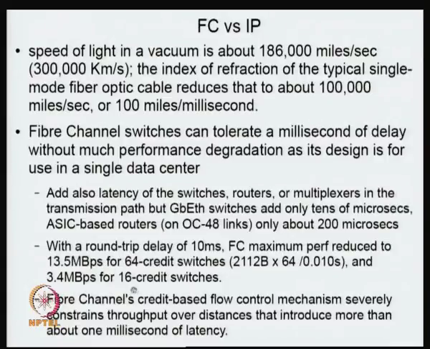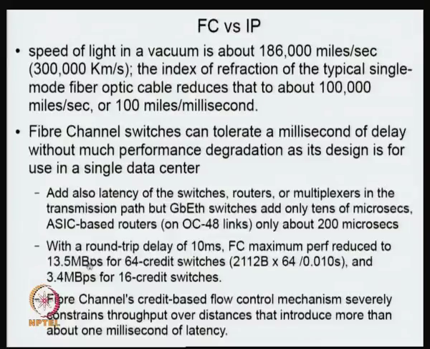If you have something smaller, 16 credit switches for example, your performance decreases that much as well. So in a sense, your round trip delay has a very big impact on the performance. It is true for TCP also, but because of the way flow control is done in TCP, by using bigger buffers you can do much higher throughputs.